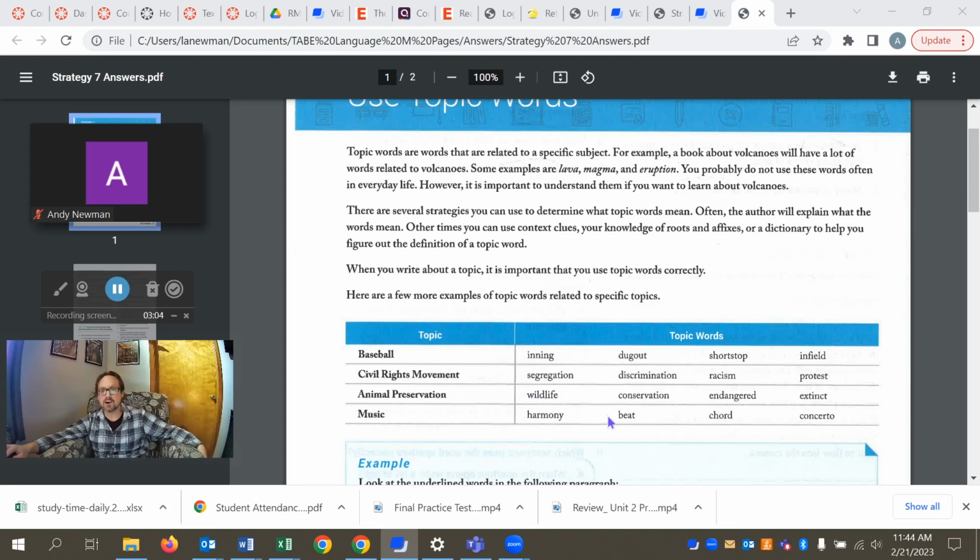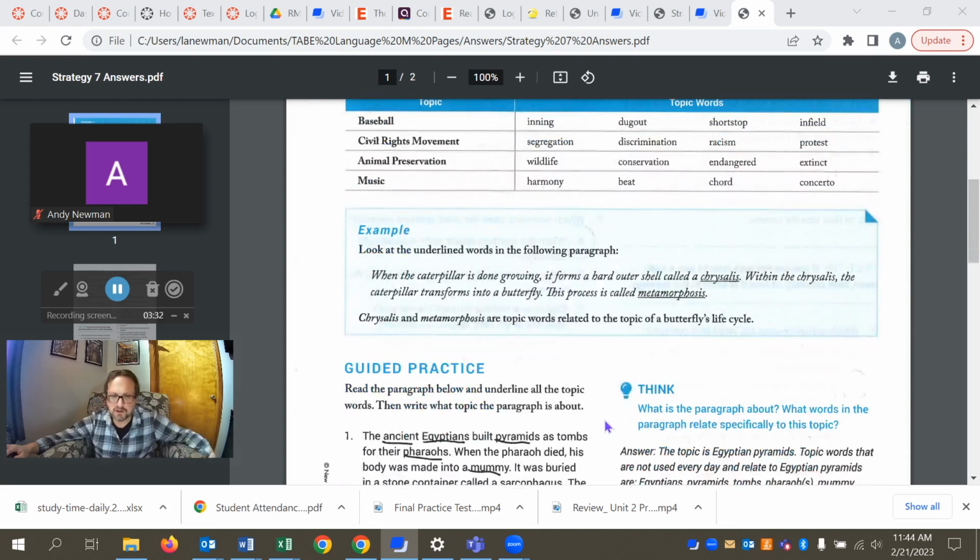The world of music: harmony, beat, chord, concerto. If we were talking about politics, we might use the word harmony to describe the state of peace in between nations or states. So these words, of course, can appear in other areas of knowledge, but when they are mentioned in context with this specific subject or area of knowledge, then we assume that their context has something to do with that topic.